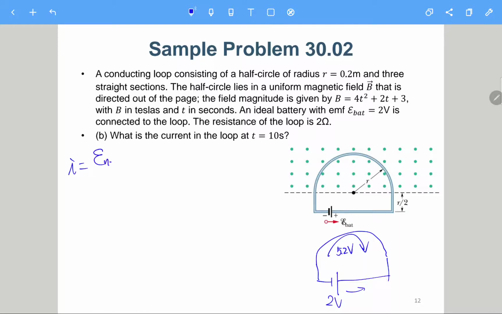E net over R. R is the resistance of this loop, which is 2 ohm.